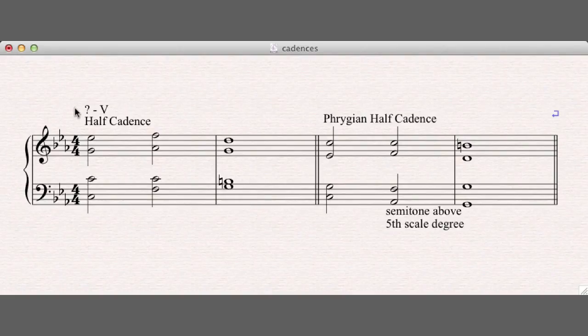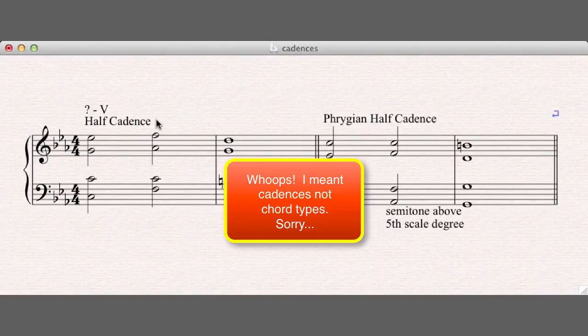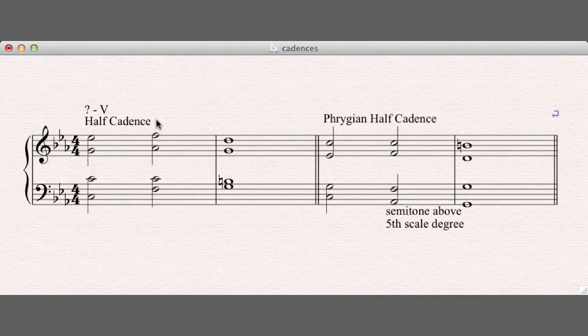Half cadences are extremely common. They're one of, I would say, 3 cadence types that are really commonly found in classical music. And in fact, if you only knew those 3 cadence types, and I'll mention which 3 they are, you could very easily compose very convincing, stylistically convincing fakes of classical era music.